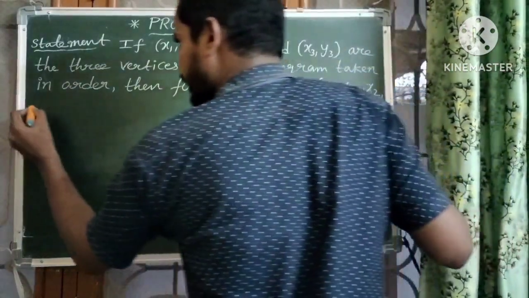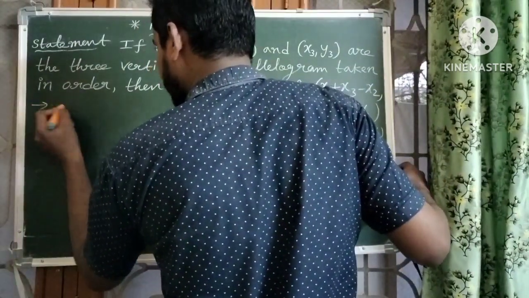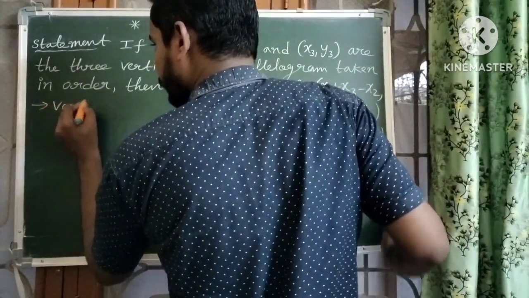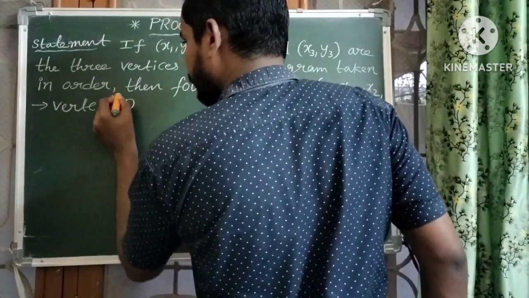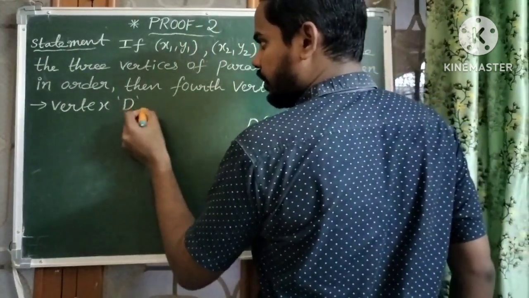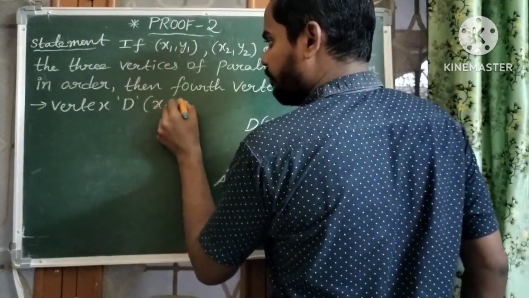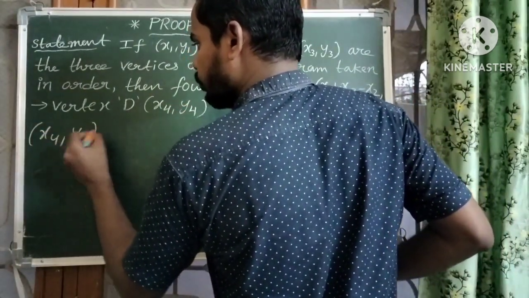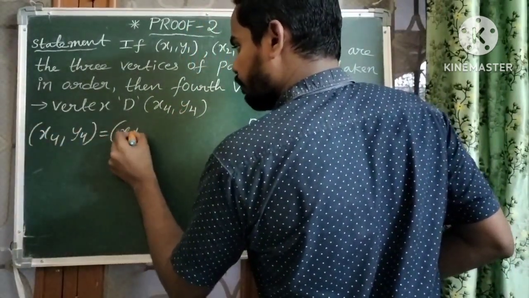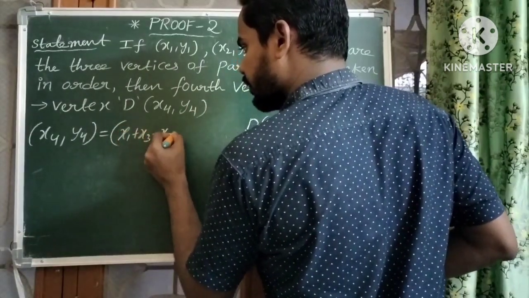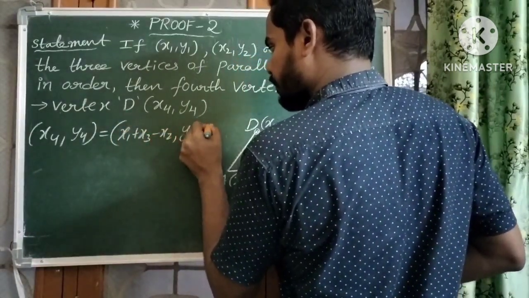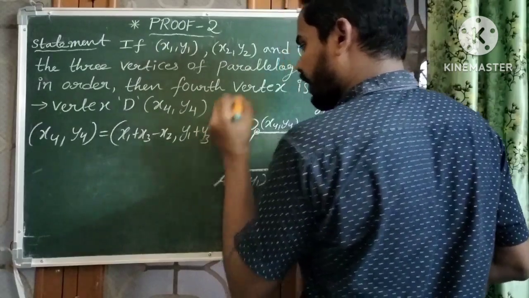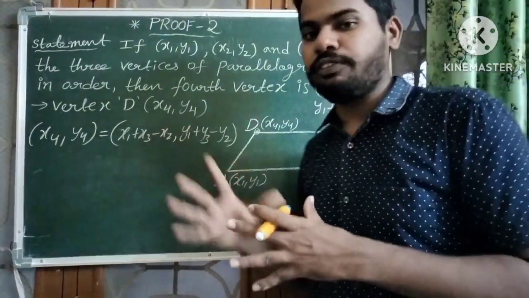So the coordinates of vertex D, x4 comma y4, is equal to x1 plus x3 minus x2 comma y1 plus y3 minus y2. We have to prove this formula.